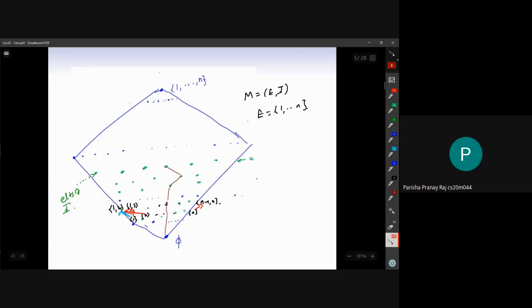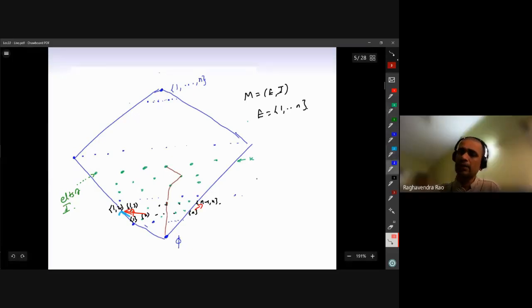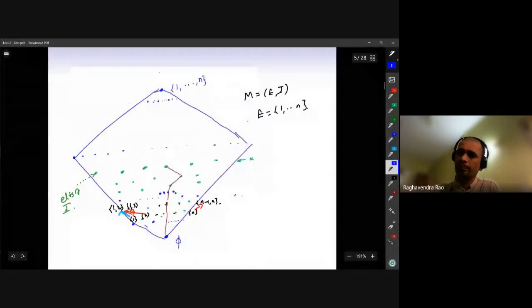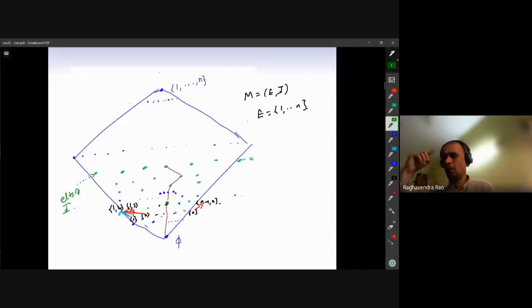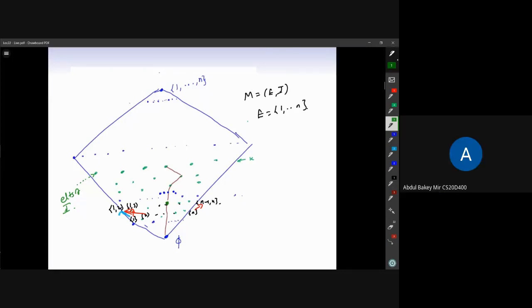So why is it that you won't get stuck at a point where everybody is blue? Because of the independence. So what specific property of independence? We no longer remain independent if we include more elements.